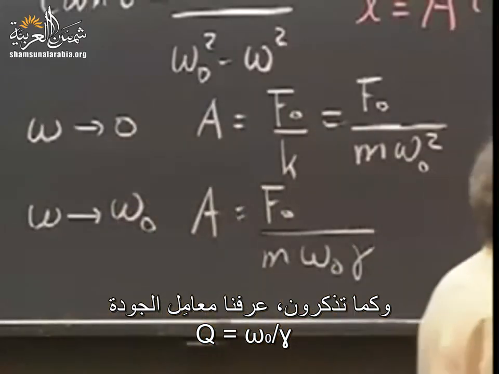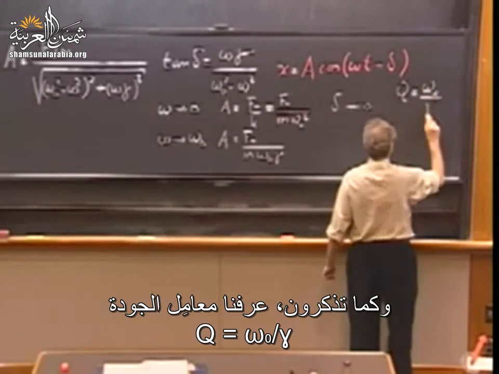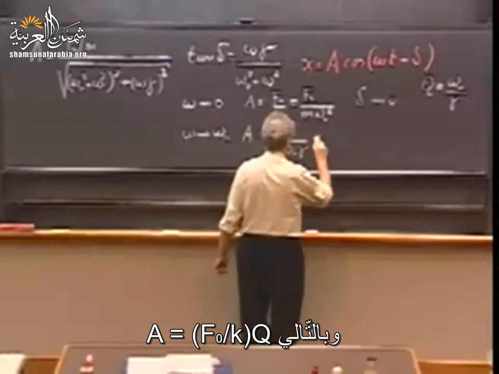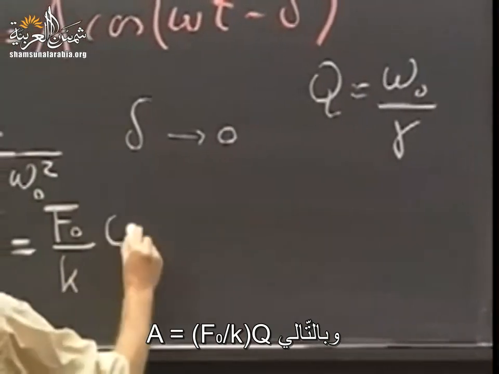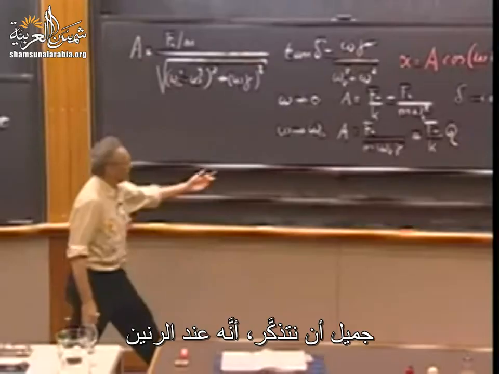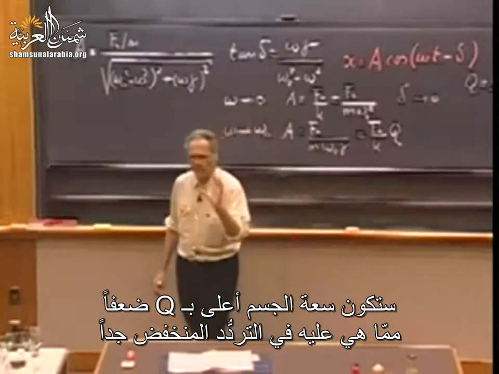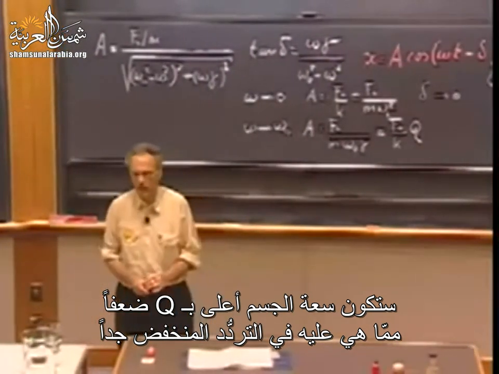Well, if you remember that we introduced a quality factor, omega 0 divided by gamma, which is a dimensionless number, then you can also write this as F0 divided by k times Q. So that's nice to remember, that at resonance, if you define this as resonance, the amplitude of the object is Q times higher than what it would be at extremely low frequency.